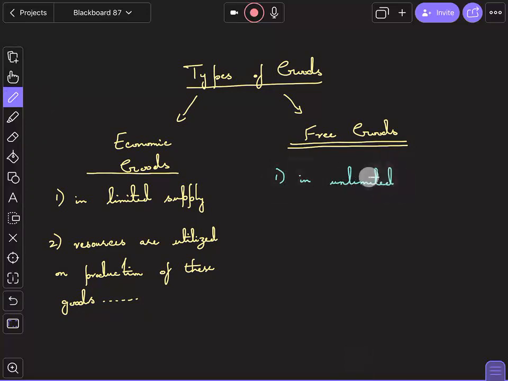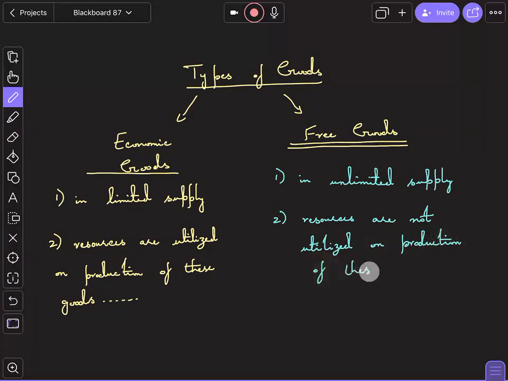They are available in abundance, and resources are not utilized on the production of these goods.